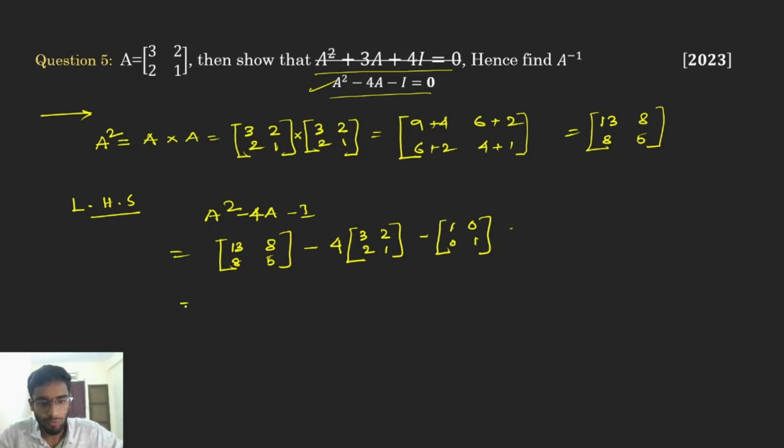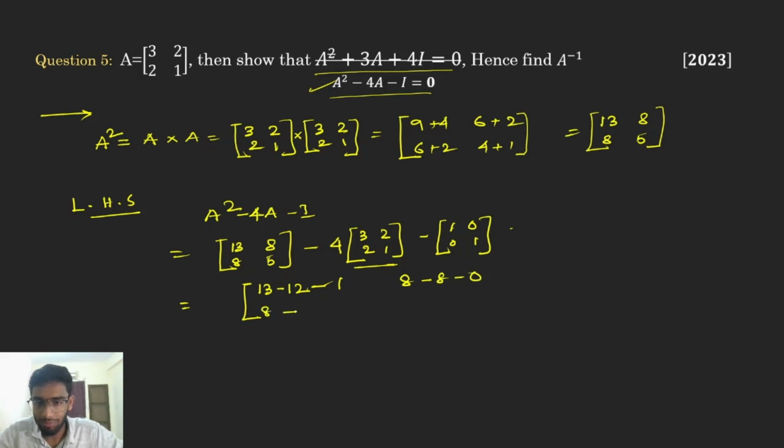So the calculations become 13 minus 4 into 3, which is 12. The 4 will be multiplied with every element of that matrix. So 3 4s is 12, minus 1. Similarly for 8, 8 minus 4 2s are 8, minus 0.